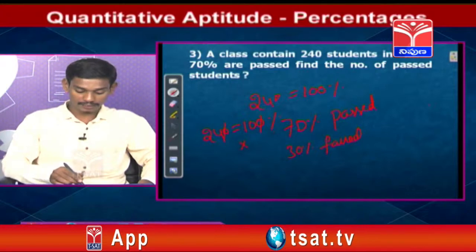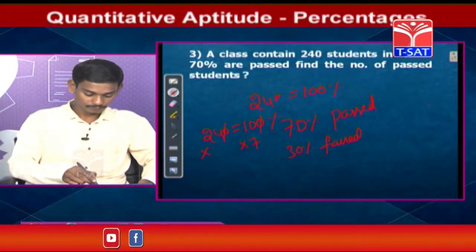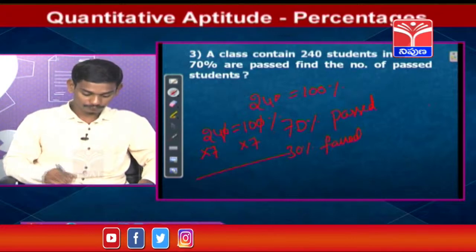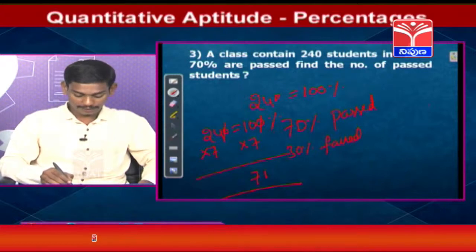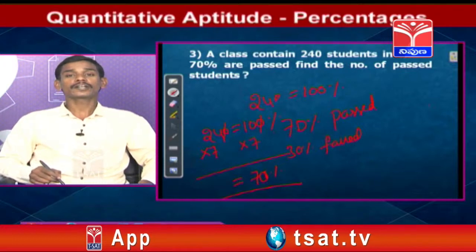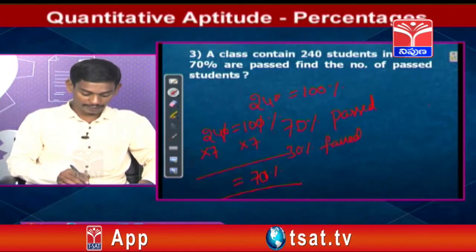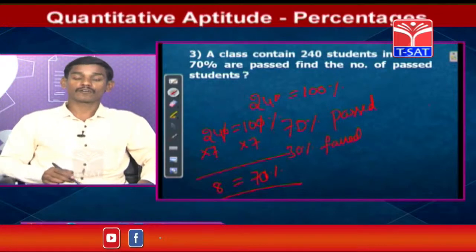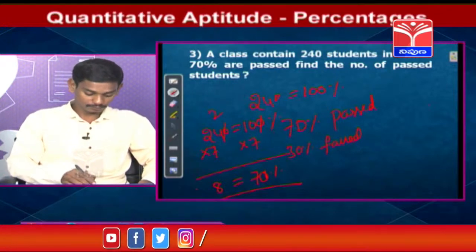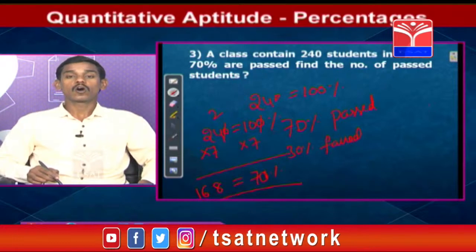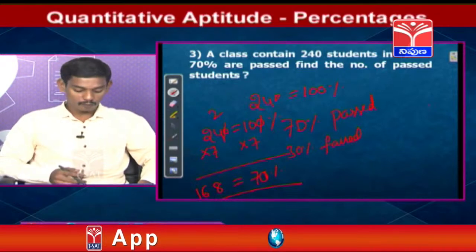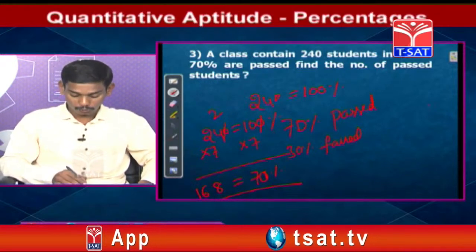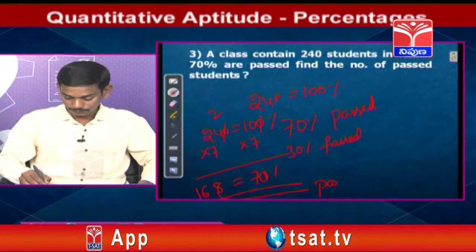So just multiply by 7. 10% into 7, that means 70%. 24 into 7, so 7 4s are 28 and 7 2s are 14 and 2 is there, 168. So how many students passed here? 70%. The 70% value is 168. So passed students is 168.